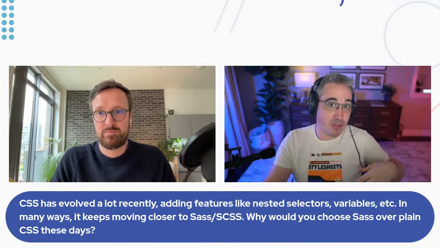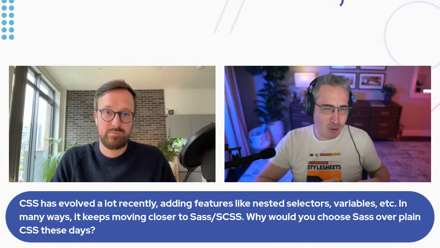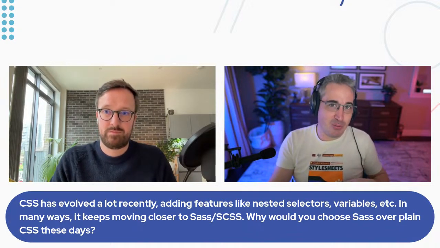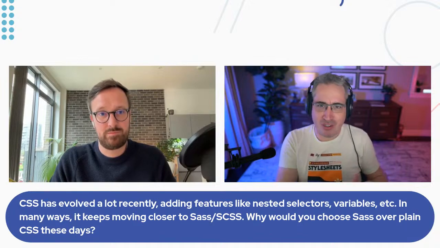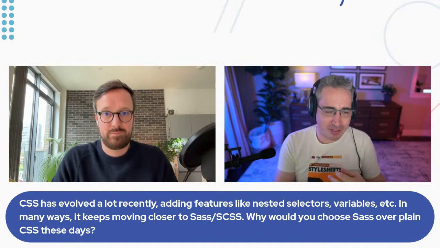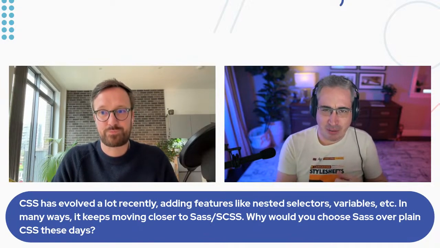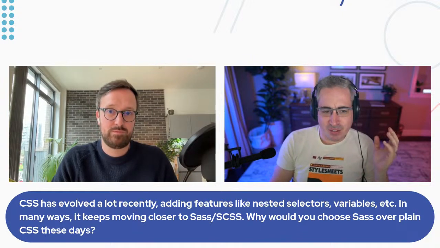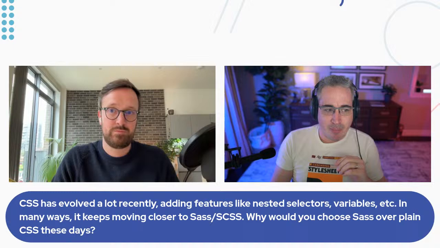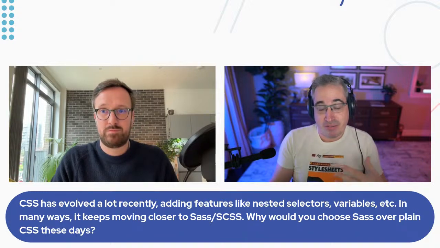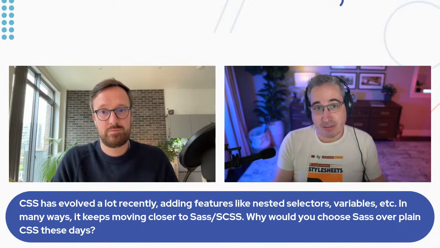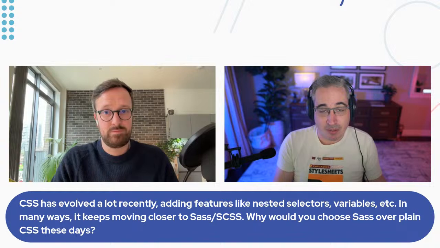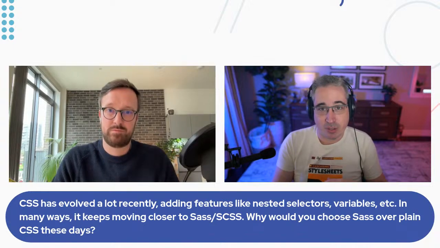This is a live variable that the browser's looking at. That opened up a whole bunch of new possibilities that we couldn't do with preprocessor variables. We're seeing that with some of the other things that are coming now too, just because it's live in the browser. So on that front, even when I'm doing a Sass project, I'm using CSS variables or custom properties within those projects still.